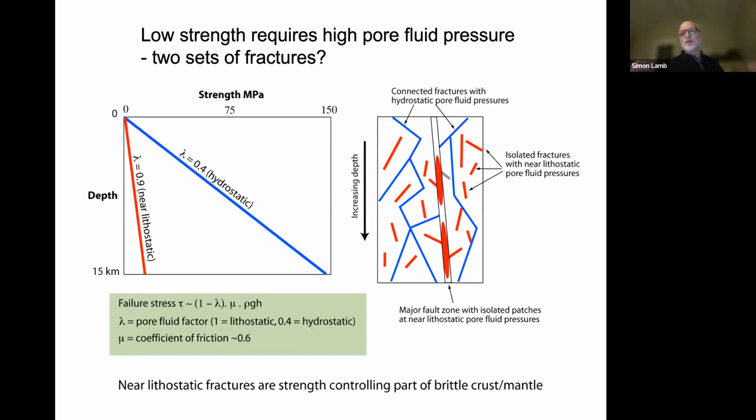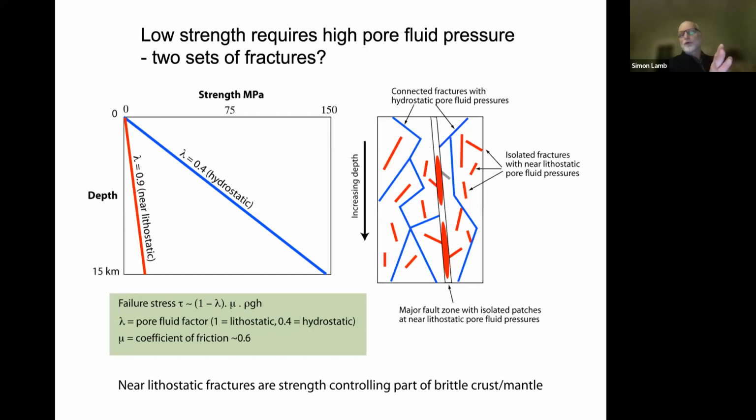So it fails at its weakest point, and you've got to get a system where these cracks can propagate to the next high pore fluid pressure part. Or it may be that you only need one sufficiently large isolated fracture at high pore fluid pressure to go, and then that can keep propagating.